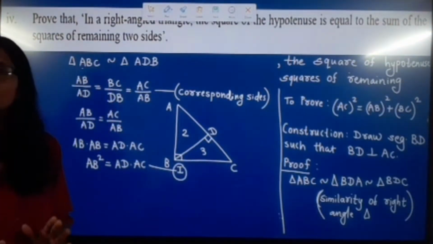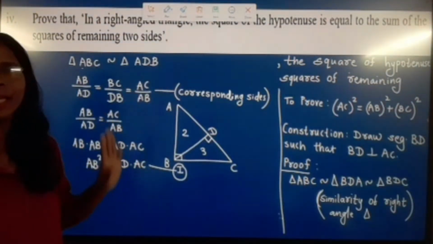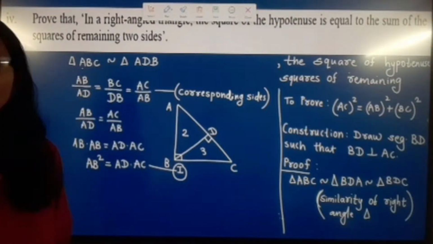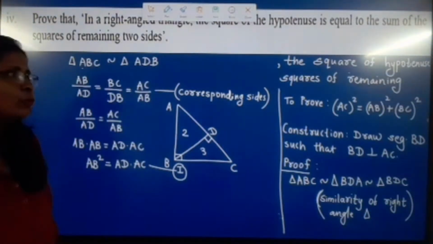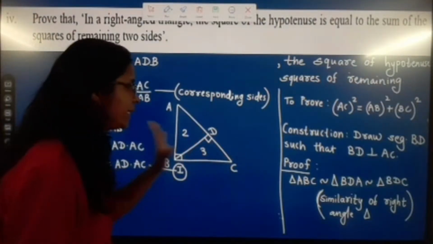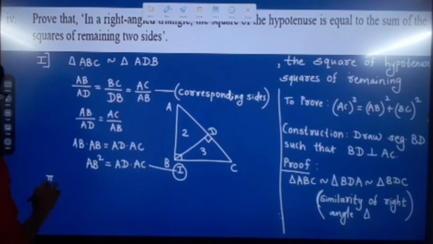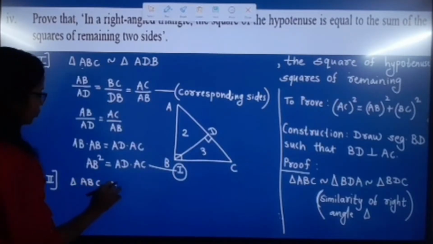Now the next part, we write down triangle ABC similar to triangle BDC. Here this is the first part and this will be the second part. So here we write down triangle ABC similar to triangle BDC.